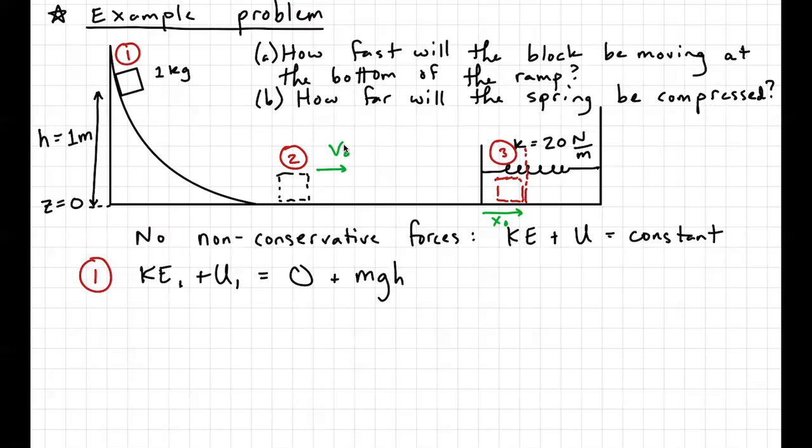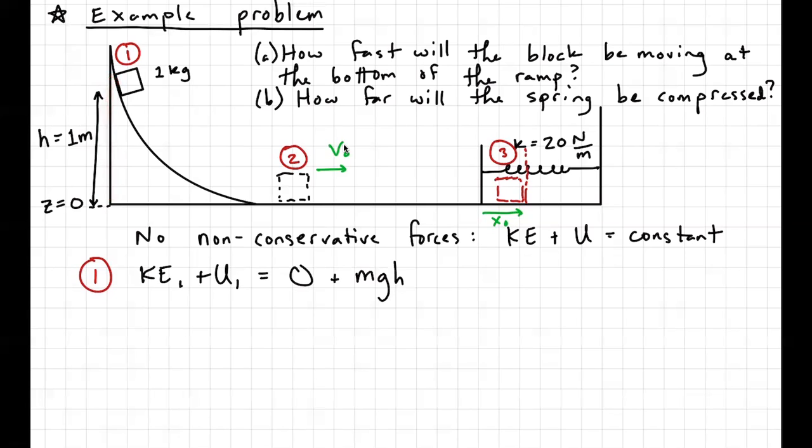So notice before, this is a little bit of a subtlety. Notice before we were defining changes in potential energy, but we can conceptualize that change as a change from the potential energy at one spot to the potential energy at another spot. So if we define z equals 0 here at the bottom, then the potential energy at this spot 1 up here is just mgh.